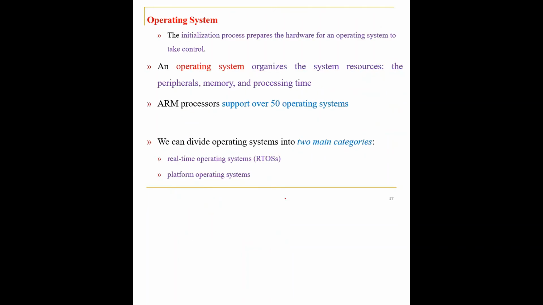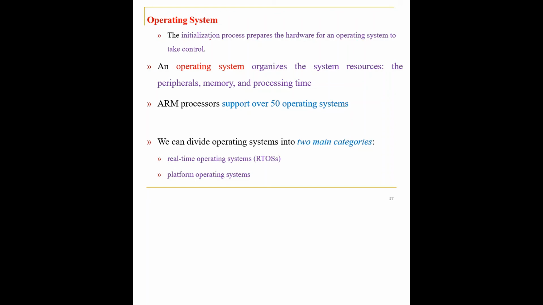Moving on further, if you want to speak about the operating system: as I said, it provides the necessary infrastructure for the applications and the hardware devices to work efficiently in the embedded system. The initialization process prepares the hardware for an operating system to take control.